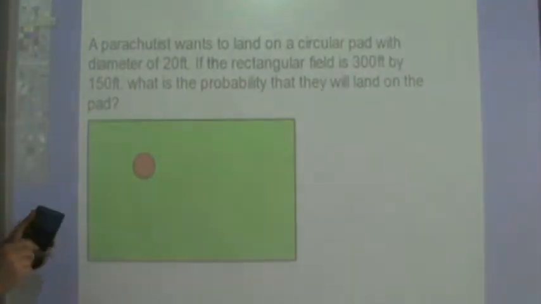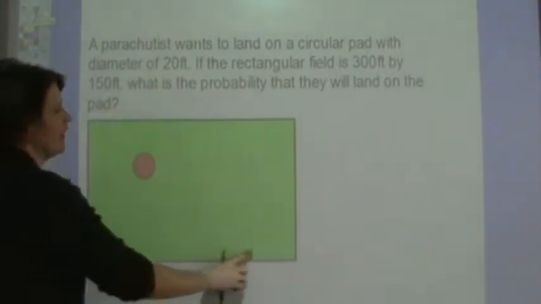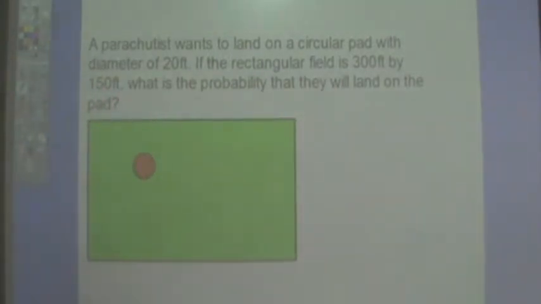Okay? Here we have a parachutist that wants to land on a circular pad that has a diameter of 20 feet. If the rectangular field that it's in is 300 feet by 150 feet, what's the probability they'll land on the pad?